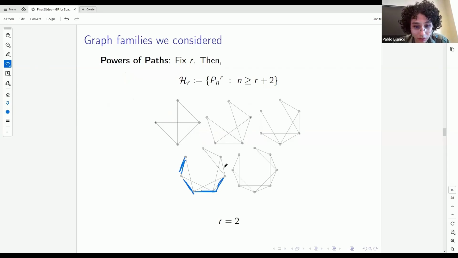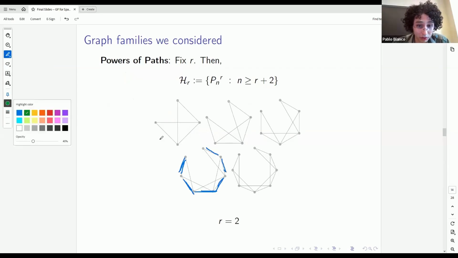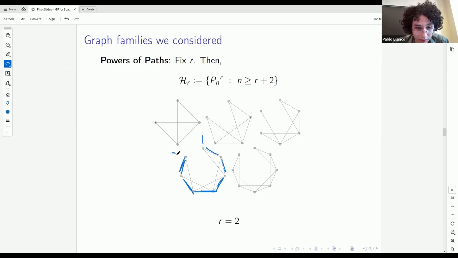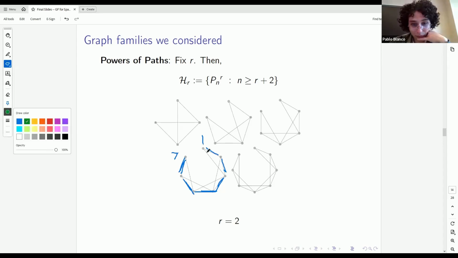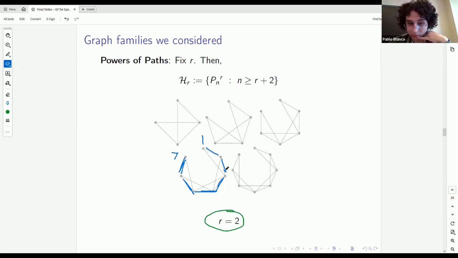It's hard to see the labels, but this is 1 and that's 7, and it's labeled clockwise. So same deal. I pick r equals 2 again. I could pick r equals 3, but I didn't prepare a picture for that one.